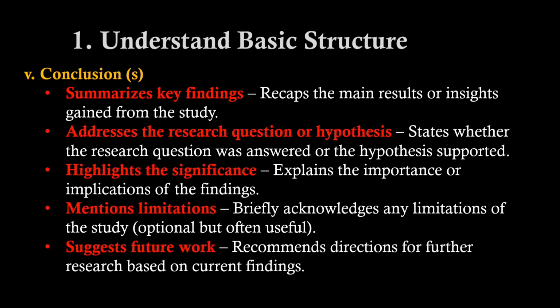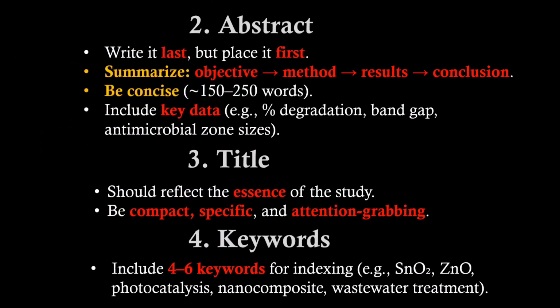Once we complete this basic structure, then we have to write the abstract. Of course, we normally write it at the end, but it is placed first. What should the abstract have? It must have three main things: what you have done, meaning the objectives and the methodology, what your results are, and then your conclusions, that is, the interpretation of those results.